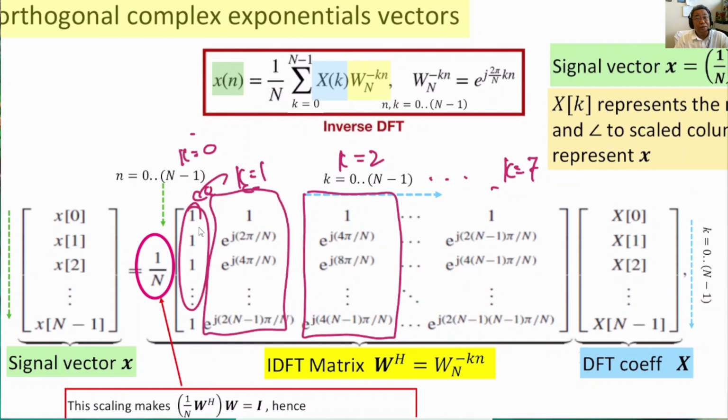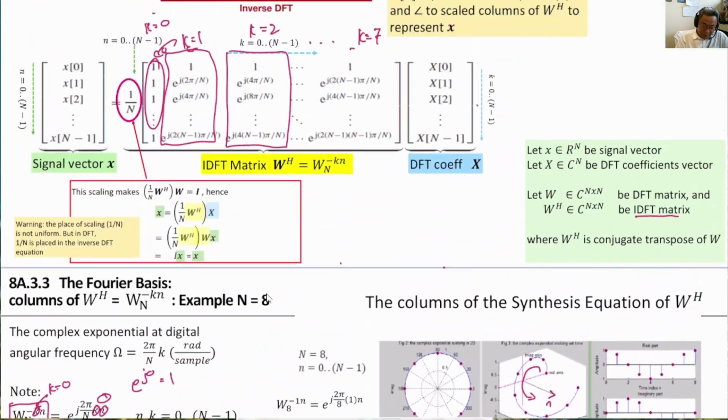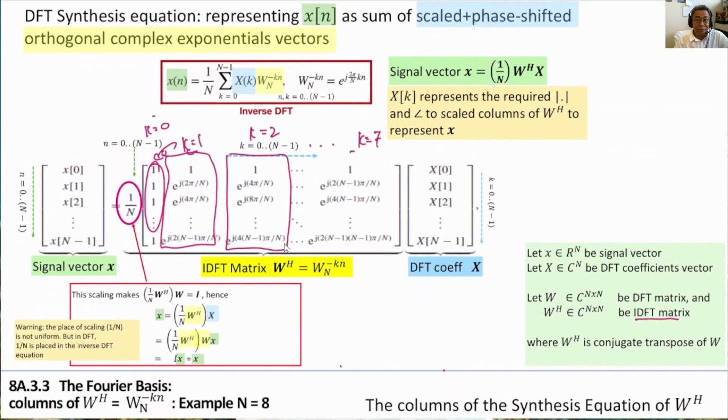The 0 harmonic is all 1s because when k equals 0 and we substitute in the equation, all these entries become 1. k equals 1 is the most interesting one because it takes N samples to complete 1 cycle. k equals 2 takes N samples to complete 2 cycles, and so on and so forth. So with that understanding, we now can appreciate the W^H matrix. Thank you.